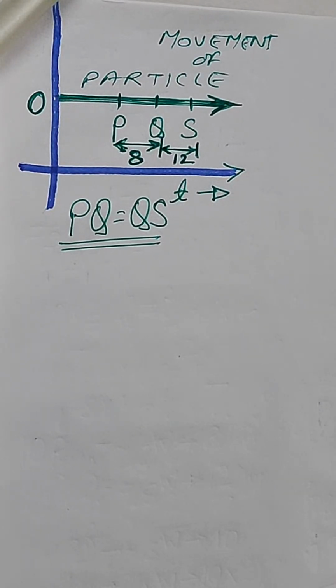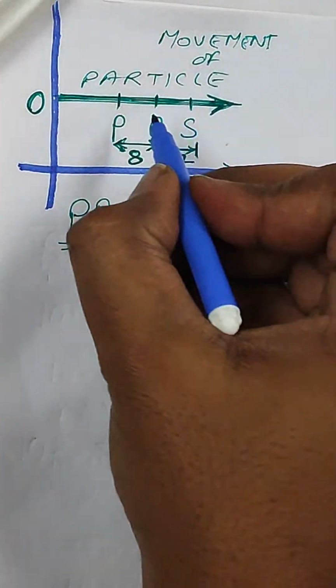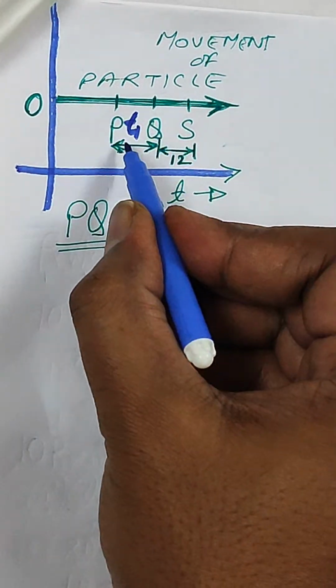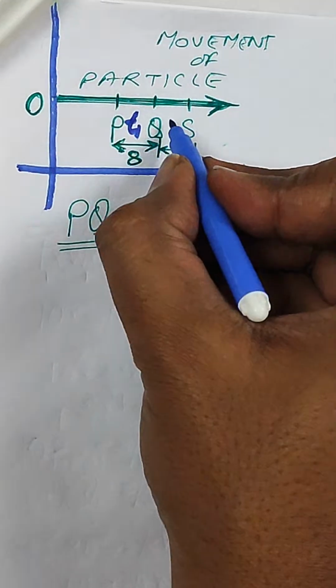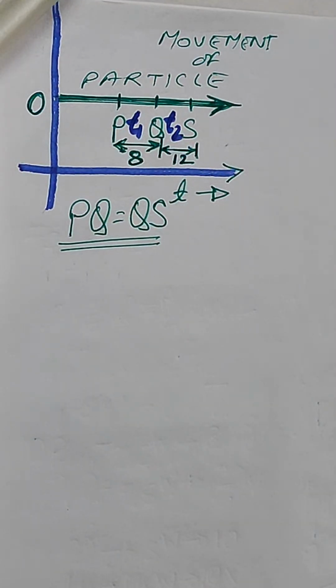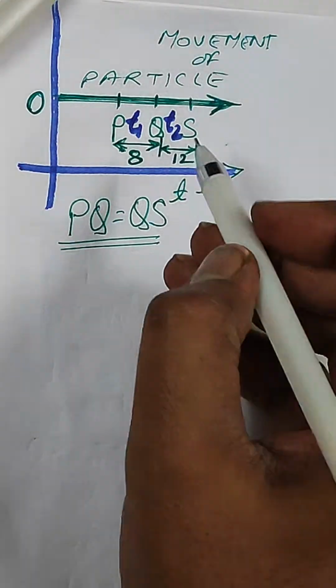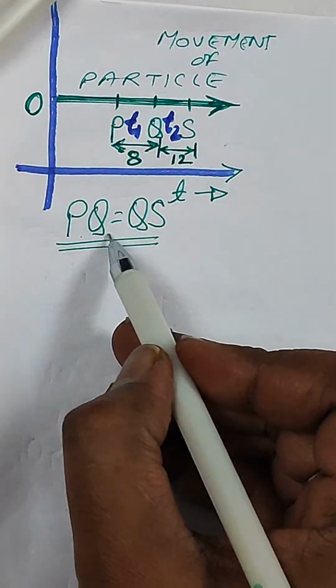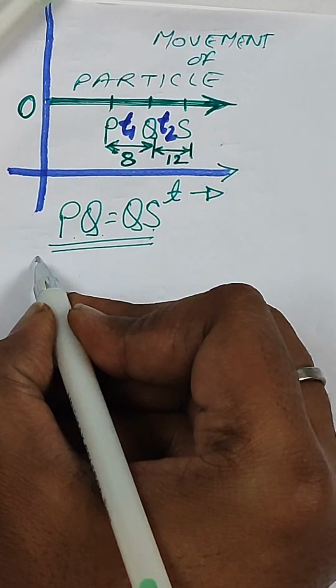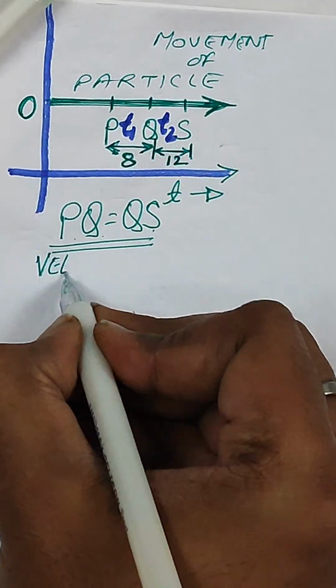So let us assume that t1 is the time taken to travel from P to Q and t2 is the time taken to travel from Q to S, right? Since PQ equal to QS, we can use the formula of velocity.